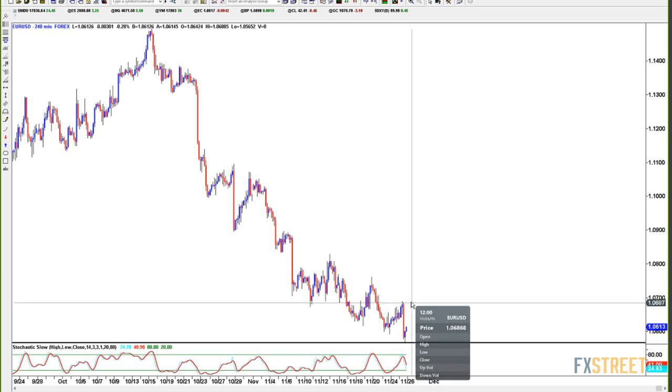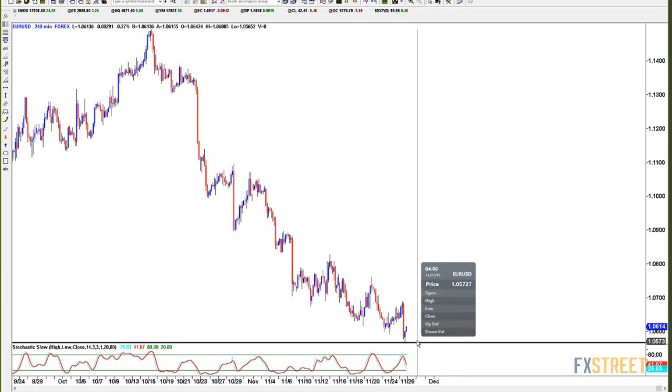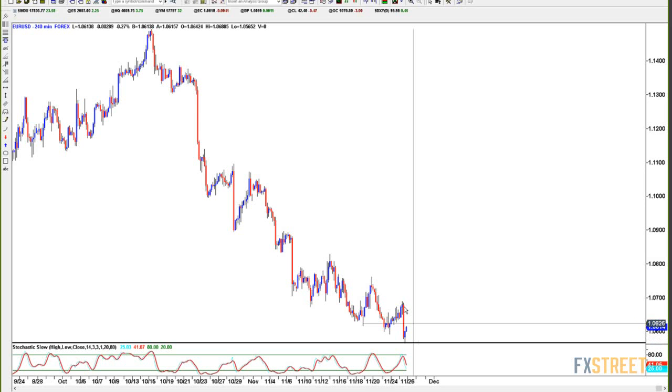We were short from this area up here, and then the price came down. The reason we were keen on only taking that, as it worked out about a 5-to-1, 6-to-1 trade, was very simply because of this daily area here coming in the way.